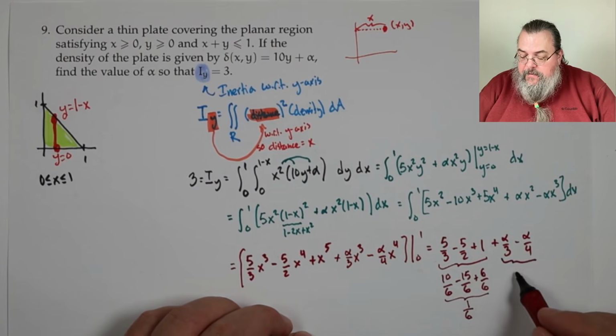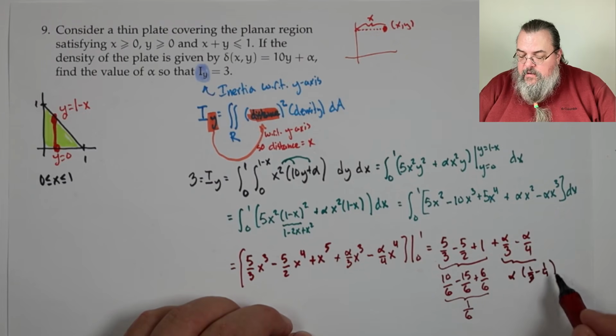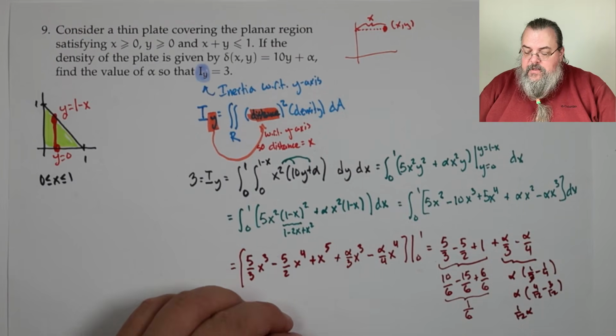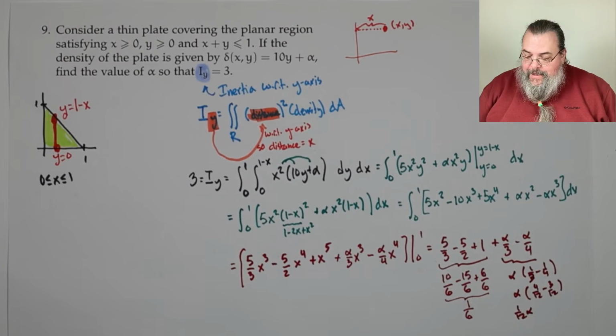Here, we can pull out the alpha. We get 1/3 minus 1/4. Common denominator would be 12. So that's alpha times 4 over 12 minus 3 over 12. Or that's 1/12 alpha.